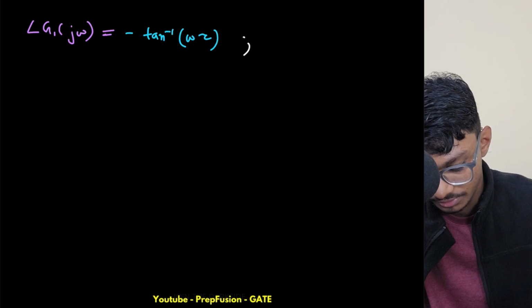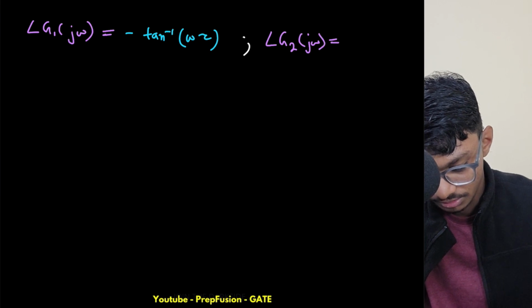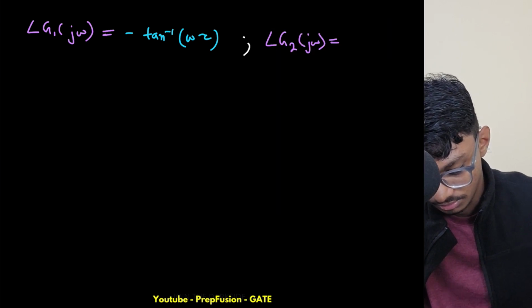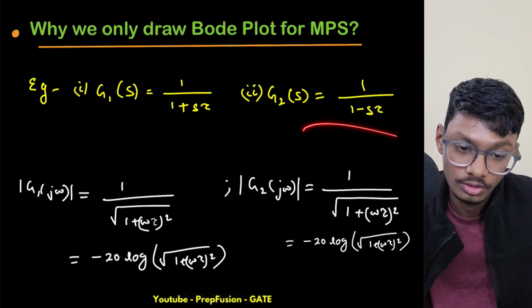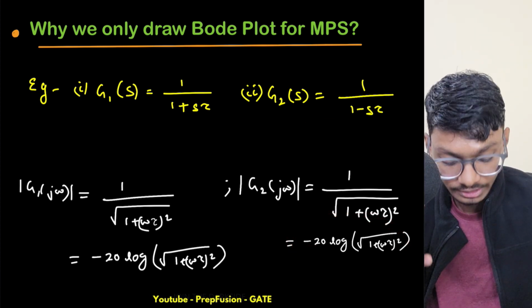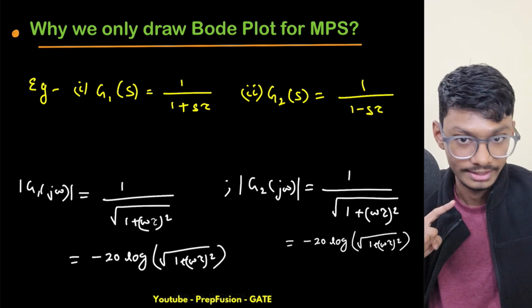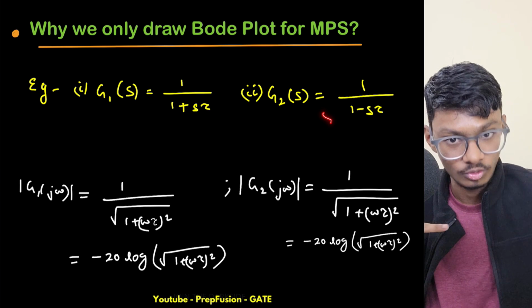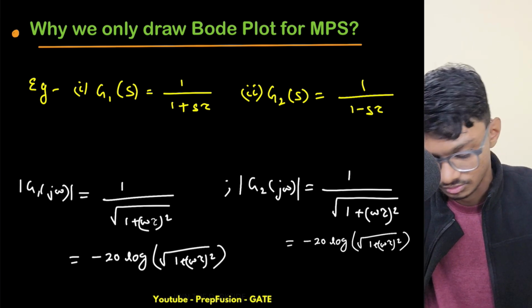And what about the phase angle of this one, g2 of j omega? Now what is the phase angle of this? You remember, right? Now y is negative and x is positive, so what will happen? Minus tan inverse, and it's in the denominator, so minus minus becomes plus tan inverse omega tau.